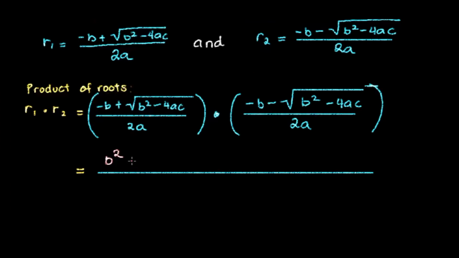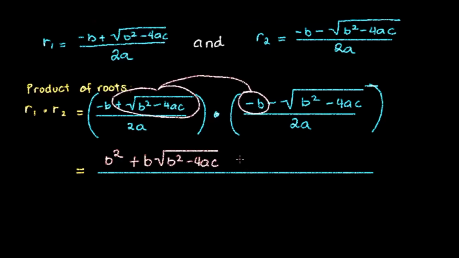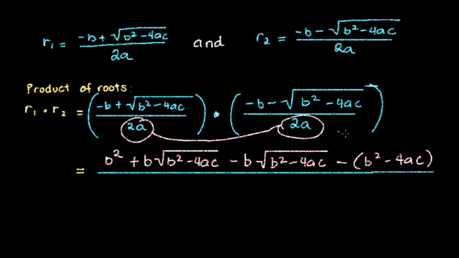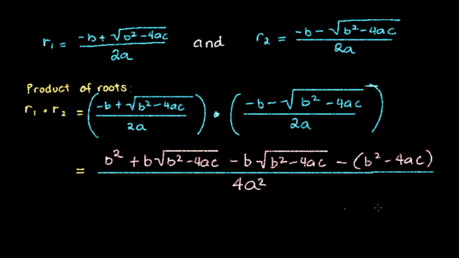The outer term, negative b times negative square root of b squared minus 4ac. Pinagtabi ko lang sila ng bahay. And then yung inner side natin, we have negative b times square root of b squared minus 4ac. And then yung last term natin, magugulat kayo. So, ang mangyayari pala dyan ay magiging negative, tapos may parenthesis b squared minus 4ac. Tinanggal natin yung bahay. Okay? And then yung denominator, just simply 2a times 2a. That is 4a squared. Okay?